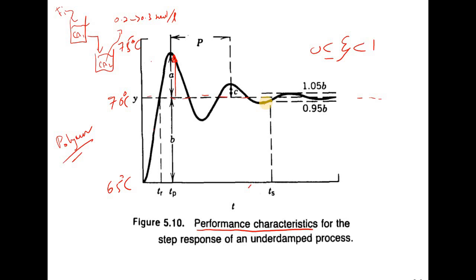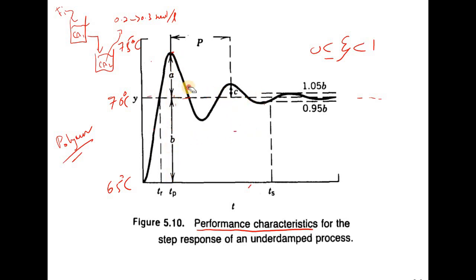We calculate it by comparing A divided by B, so the overshoot is equal to A divided by B: how much it overshoots from the set point. It goes to the set point and then overshoots. The lower the overshoot, the better. So that is the explanation for the overshoot.